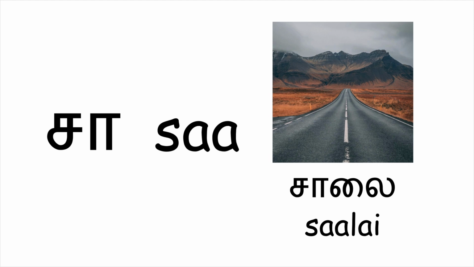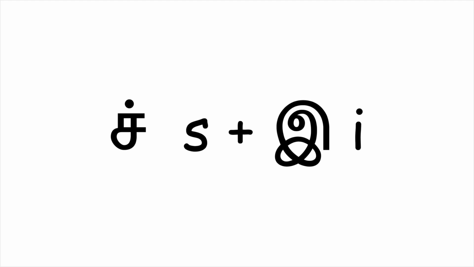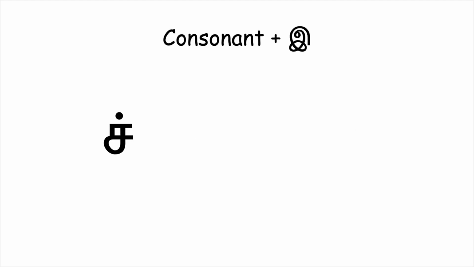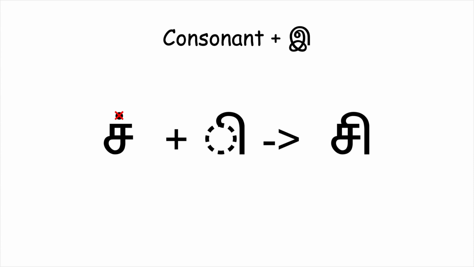which means road. This is the letter si. It's formed from uch plus i. The pattern which applies to the consonant plus i combinations is to get rid of the dot and add this tail pattern here. So when we apply this to uch, we get si.